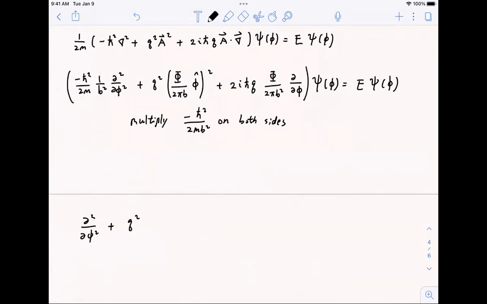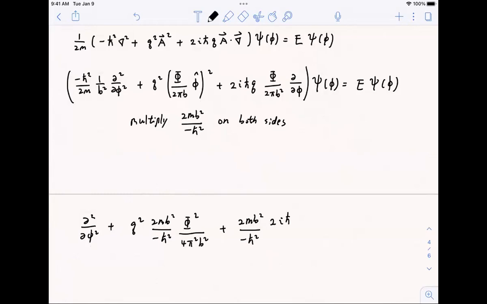Not multiply, just multiply this. Q squared. And then this thing is going to square. This will become 4 pi square B. Okay, this is this part. And then 2mb square. And then 2iHQ.